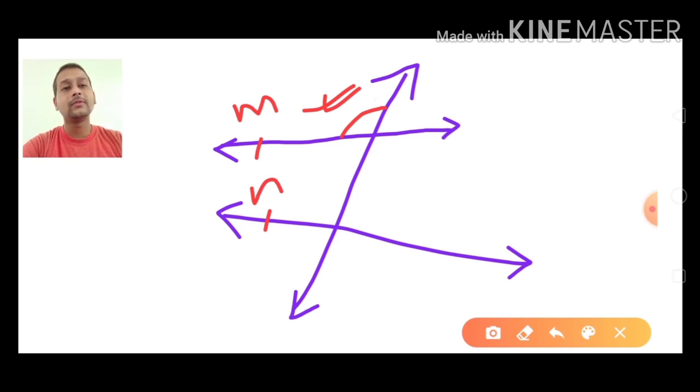This is the only angle possible, so these two are corresponding angles.